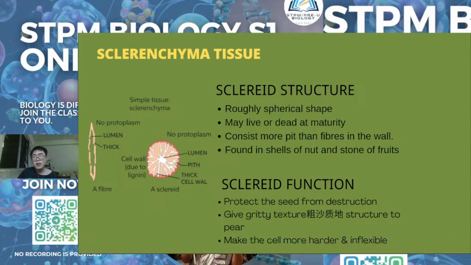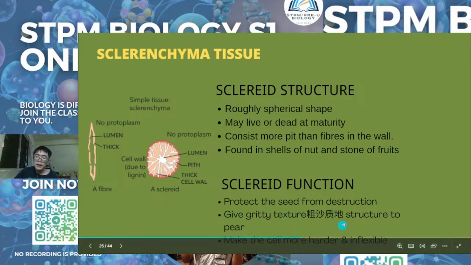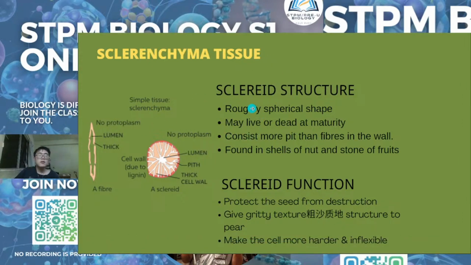Gritty texture means a rough surface, not smooth and shining. It also makes the cell harder and inflexible. The sclereid cell does not provide mechanical support; it only makes the cell harder.